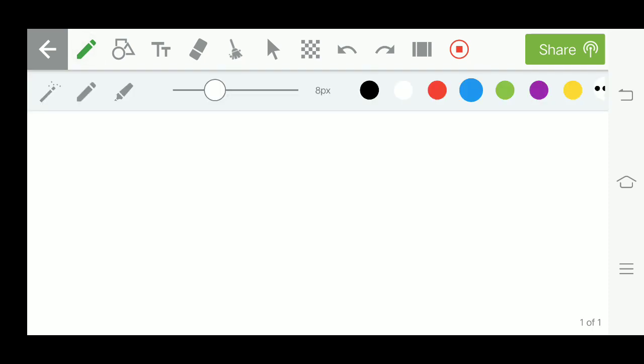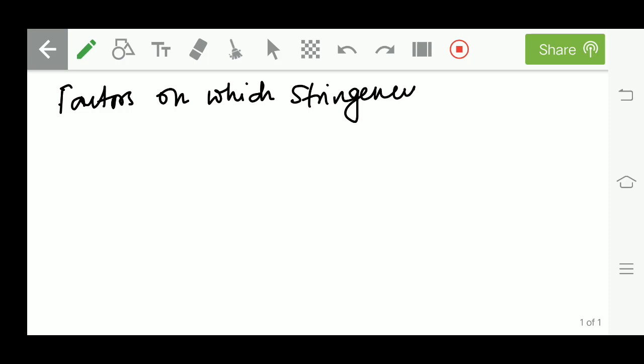So what are the factors on which stringency depends?